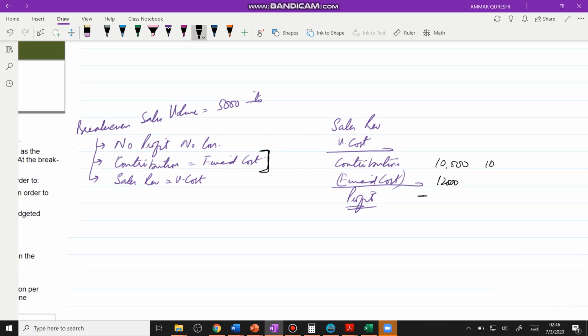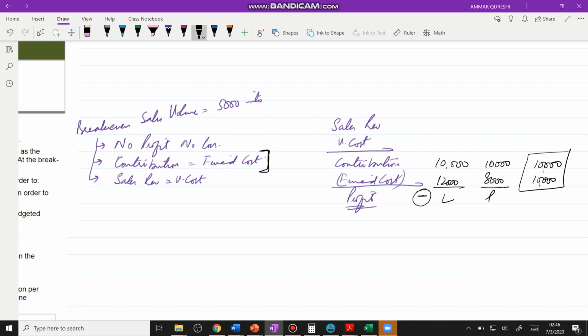If contribution is $10,000 and fixed cost is around $8,000, then the company will earn profit. In this case, the company will earn a loss. Now, when will the company earn no profit, no loss? Only in a situation when fixed cost is exactly equal to the contribution margin. So at break-even point, just remember my words, fixed cost is always equal to contribution, right?